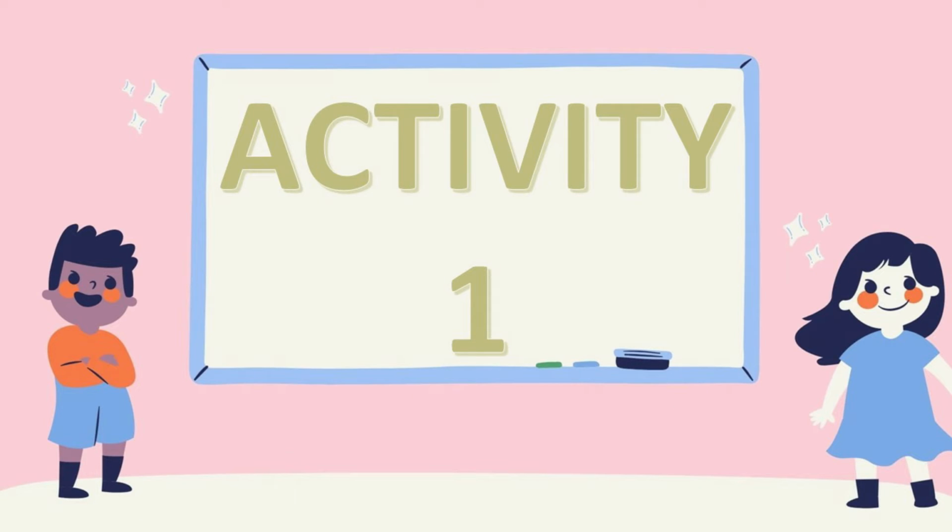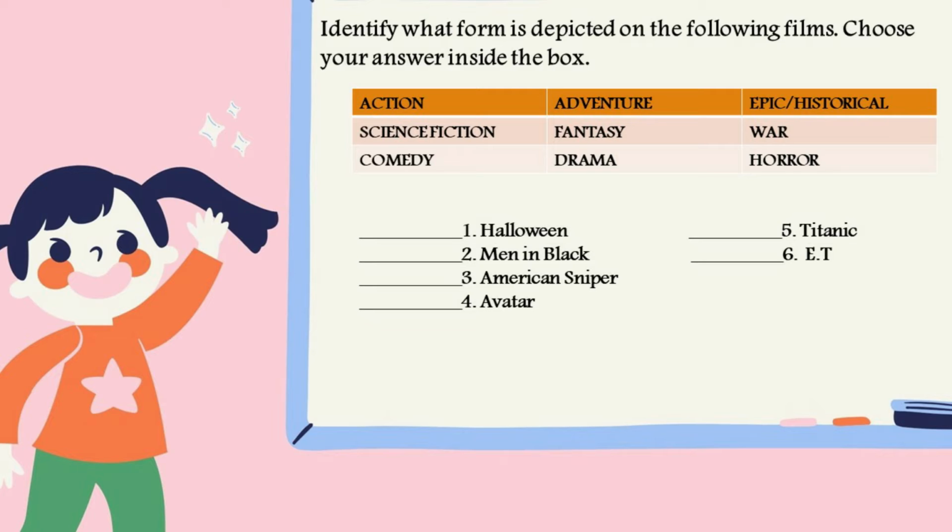And now, let's proceed to our first activity. Activity 1. Identify what form is depicted in the following films. Choose your answer inside the box. Number 1. Halloween.